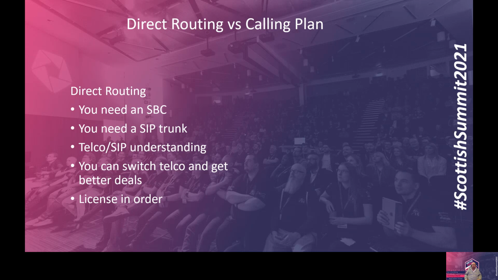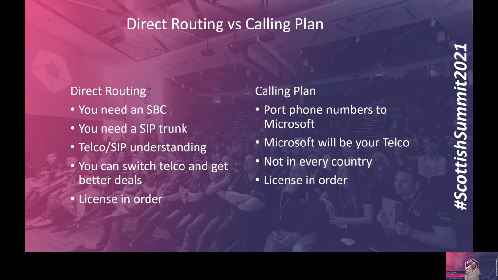So what about Calling Plan? First of all, you need to port your phone numbers to Microsoft. If you don't have phone numbers from your legacy system or didn't have any legacy system, well, then just order your phone numbers from Microsoft. Microsoft will provide them.